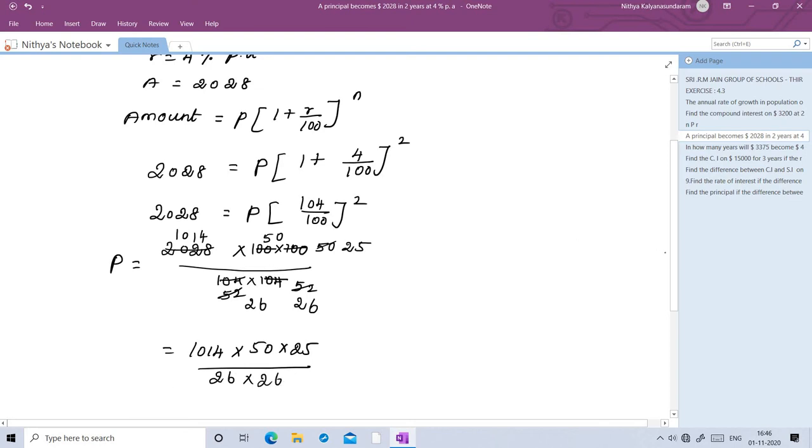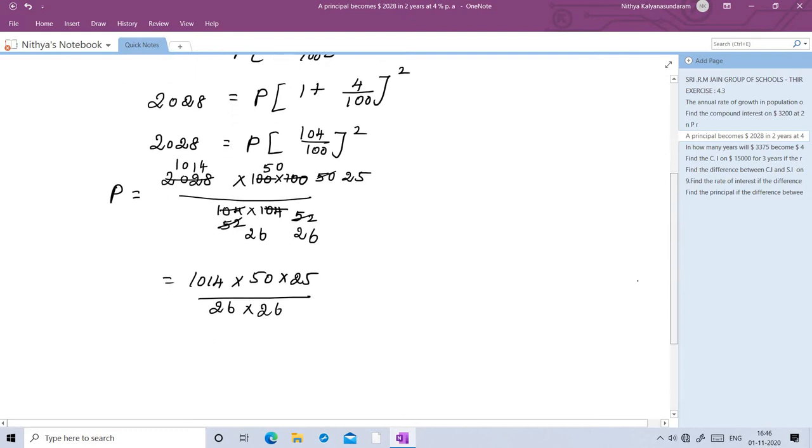Then multiply and divide. 1014 we can divide with 2 table, 7 2s are 14.